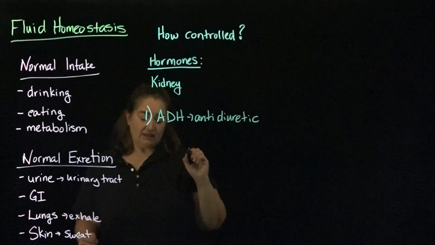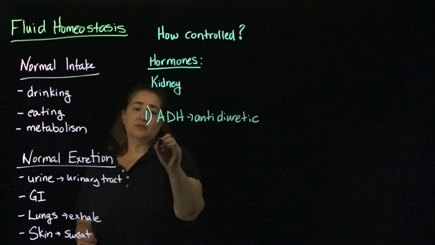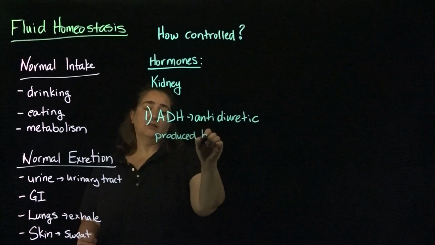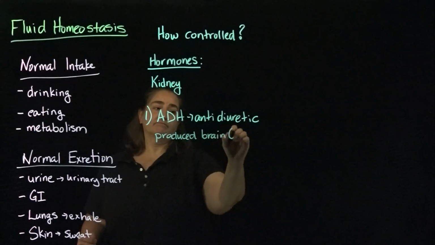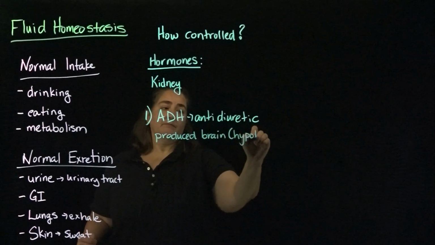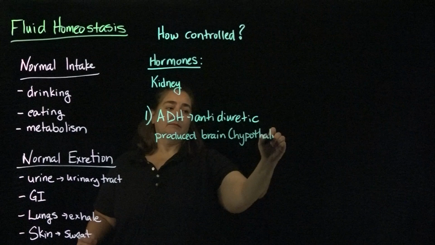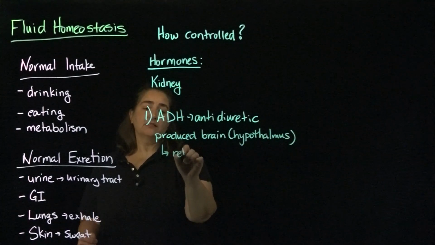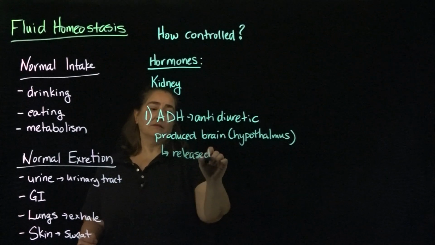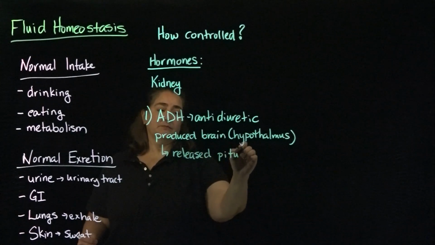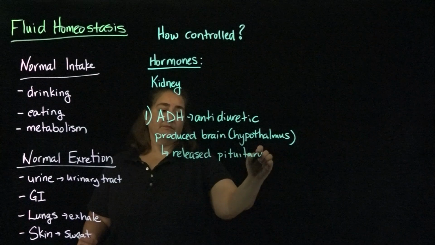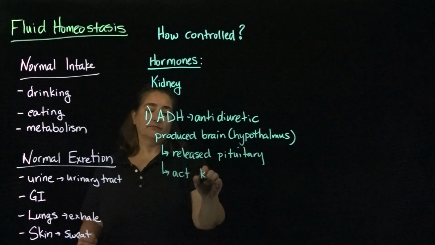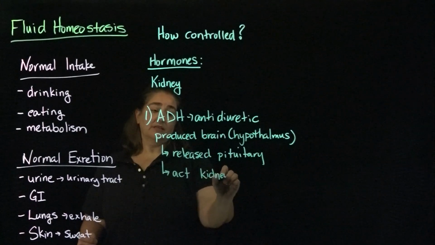That antidiuretic hormone is going to be produced in the brain, in the hypothalamus. It's released from the pituitary, and it's going to act on the kidney.